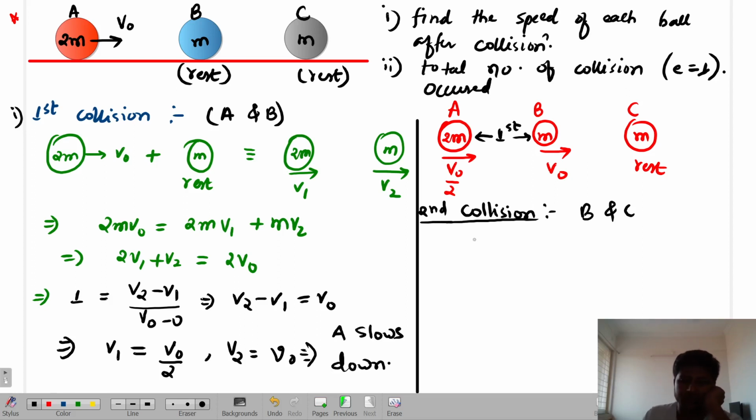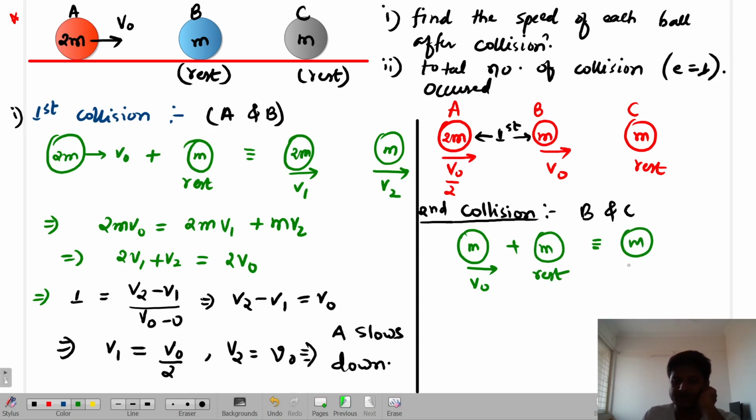So here what will happen, as B is of mass m moving with velocity v naught, plus C, which is of mass m, which is at rest right now. After collision, what will happen? Simple. B will come to rest, and C will move with velocity v naught.